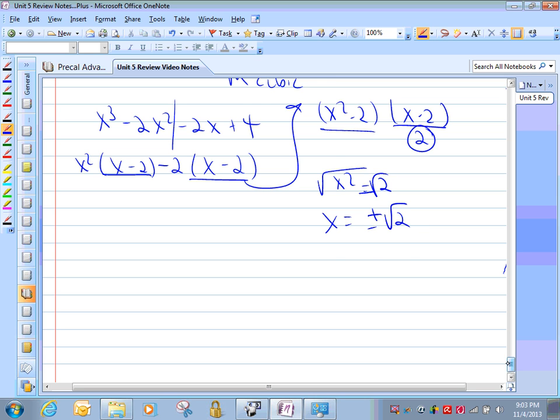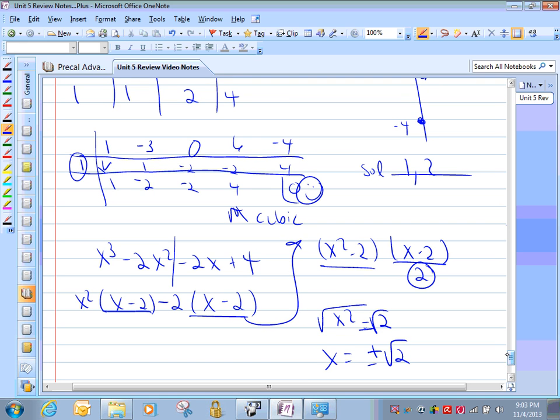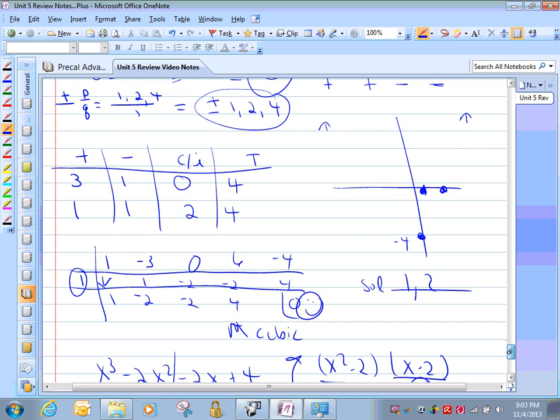Now, that is not an imaginary number. That is a radical, but it is not imaginary, so be really careful when you think that. The square root of 2 is between 1 and 2, and the negative square root is between negative 1 and negative 2.